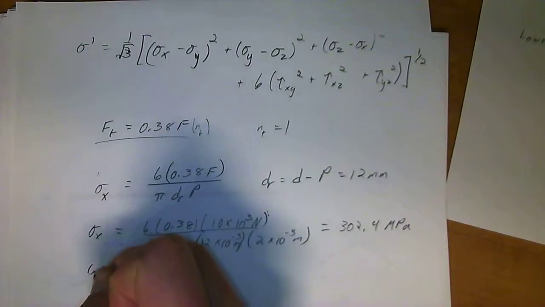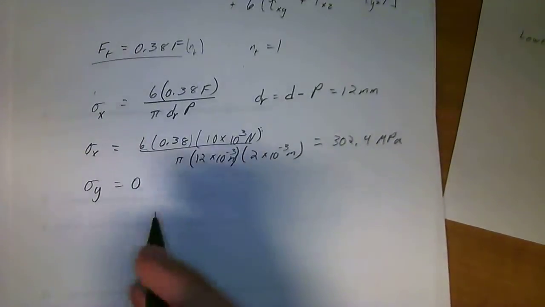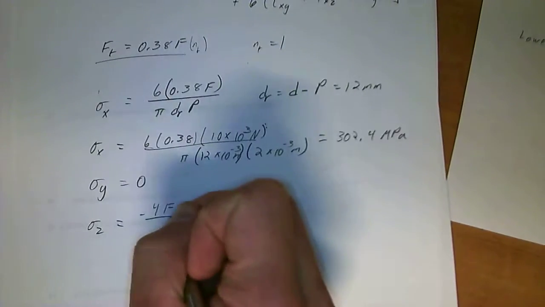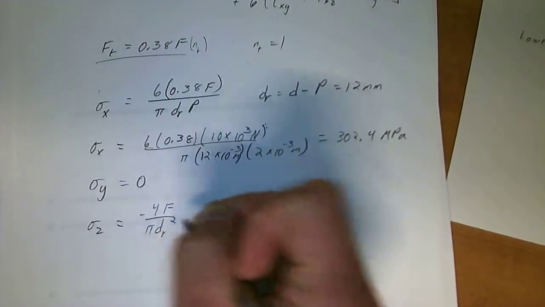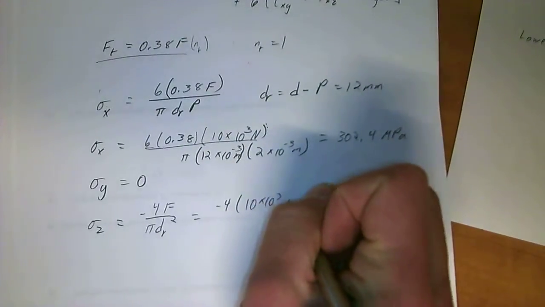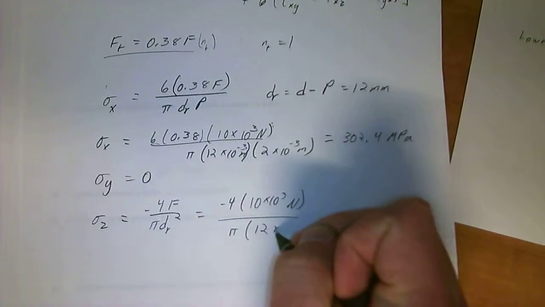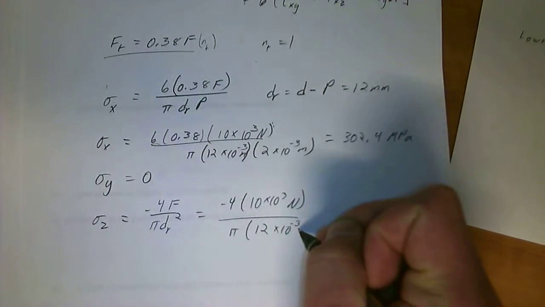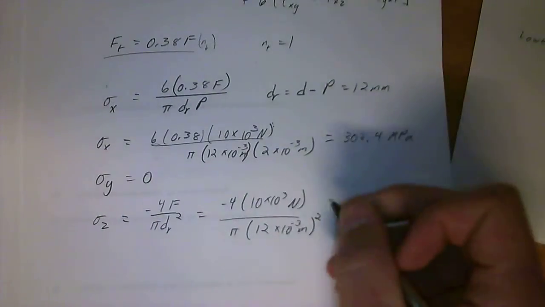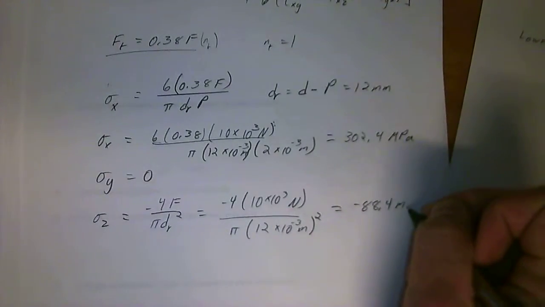Sigma y is going to equal 0 because on screws, sigma y always equals 0. Sigma z is equal to negative 4F all over pi dr squared, which goes to negative 4 times 10 times 10 to the third newtons, all over pi times 12 times 10 to the negative third meters squared, dr, again, radial diameter, which is equal to negative 88.4 megapascals.